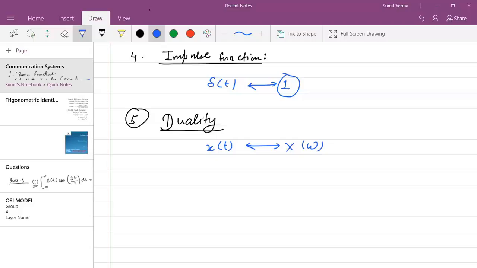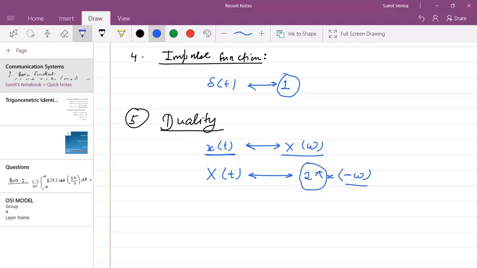If you know the Fourier transform of a function x(t) to be X(omega), then the Fourier transform of the function X(t), so basically this is capital X, where you are just transforming the variable omega to t, becomes 2 pi x of minus omega. So it says take the time domain function, change the variable to minus omega, so you are doing a time reversal, and multiply it with a factor of 2 pi.